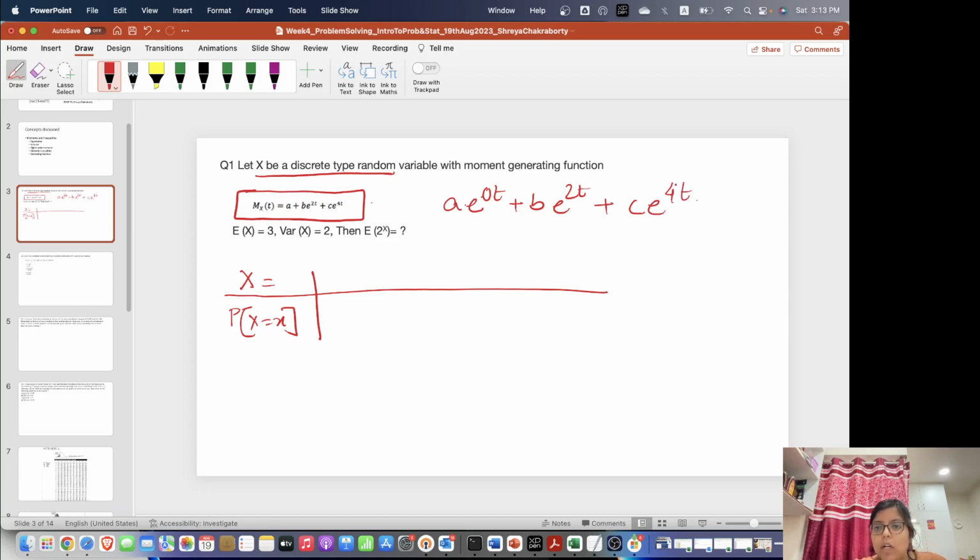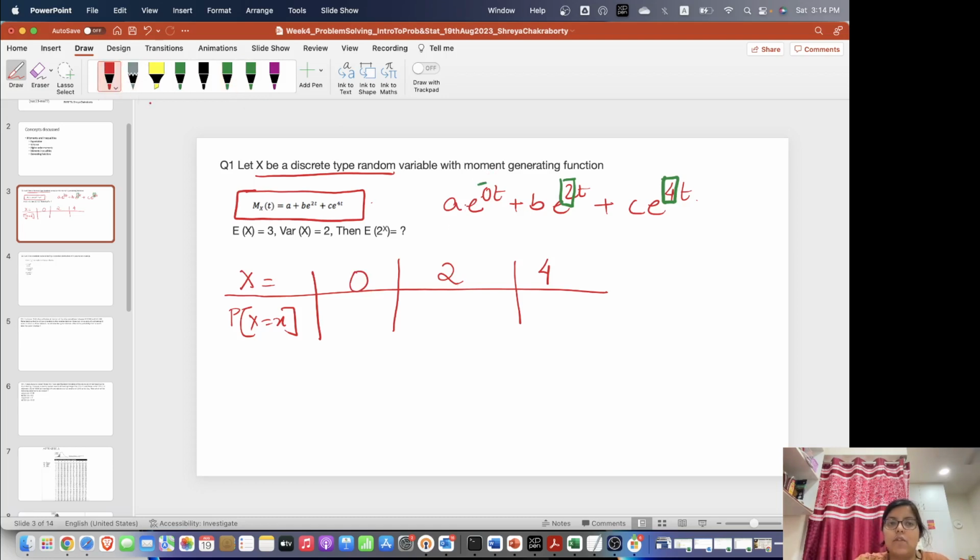Now whatever is the coefficient associated with t, those are the values that x can take. So x equal to 4 is one such value. The other value is x equal to 2. And here also we have x equal to 0.